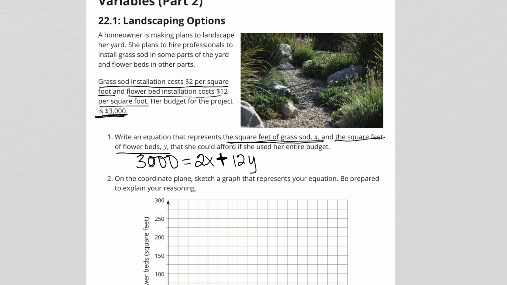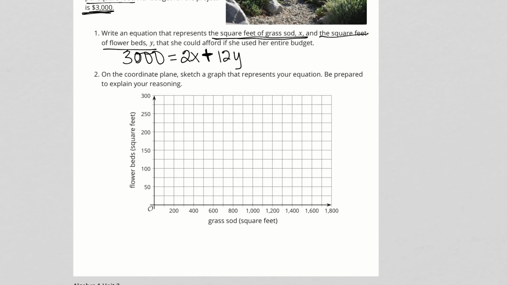On the coordinate plane, sketch a graph that represents your equation, and then be prepared to explain your reasoning. So I'm going to take my equation and put it in slope-intercept form. A reminder, slope-intercept form is y equals mx plus b. So all I need to do is get my y isolated. I'm going to subtract my 2x from both sides.